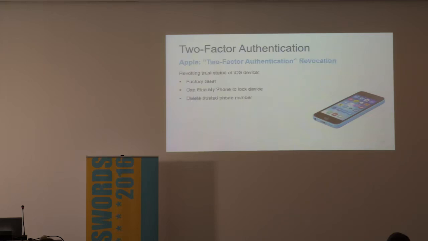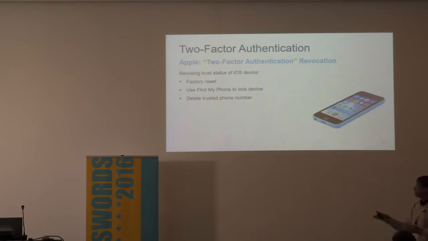We already covered the SIM cards. And as I said, revoking trust status from iOS devices is pretty easy. Each iOS device is revocable individually. You can do a factory reset. You can use Find My Phone to lock the device, after which it will no longer receive push notifications. You can remove the device from your Apple ID account online.